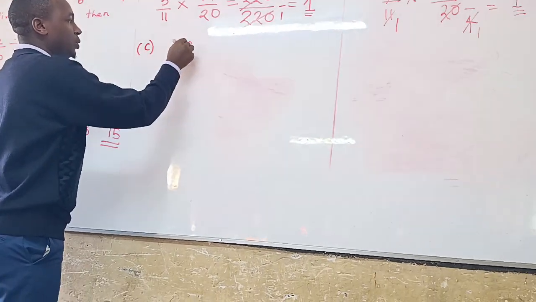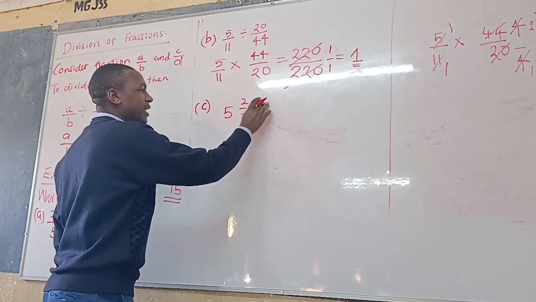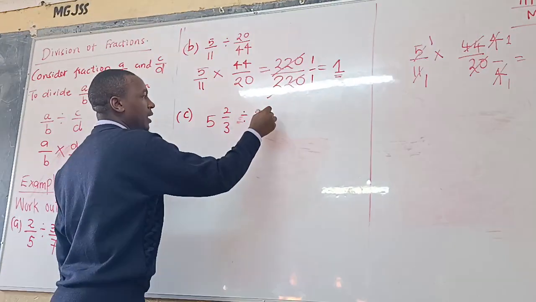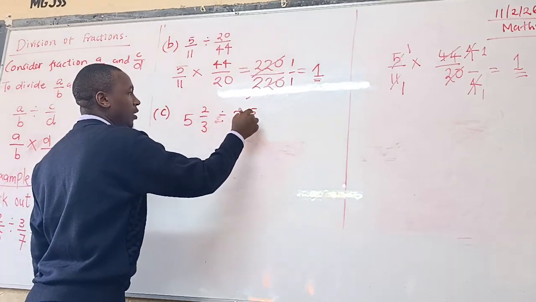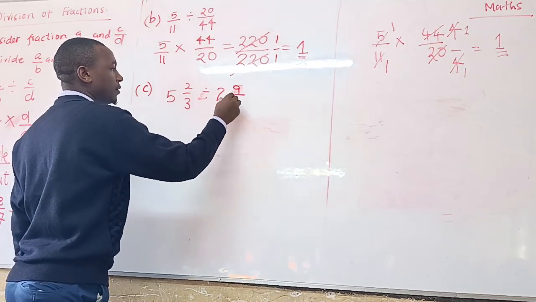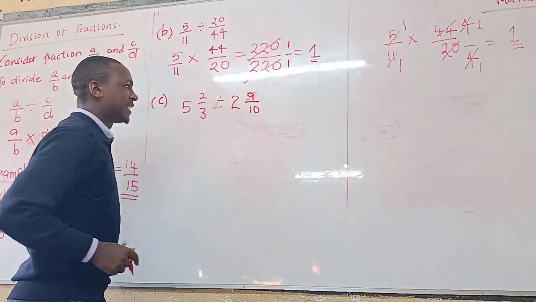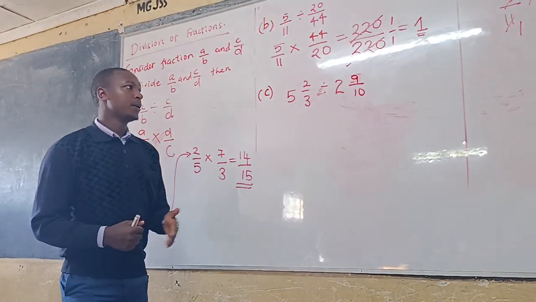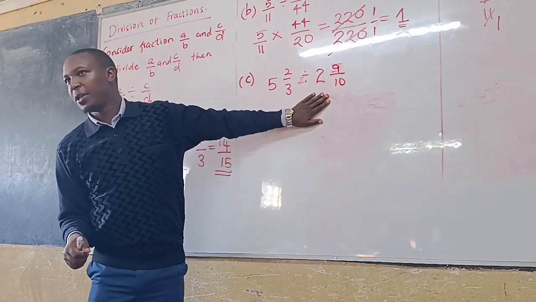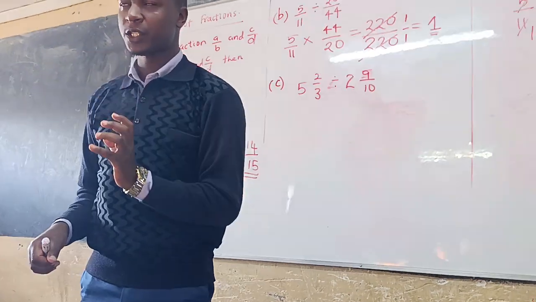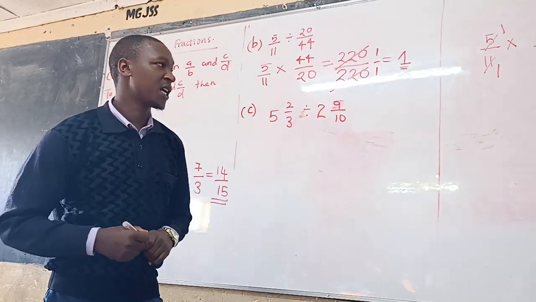Now let me do C, the one with a mixed fraction. 5 and 2 over 3, divided by 2 and 9 over 10. Now, the first thing you do for this problem is change into an improper fraction.